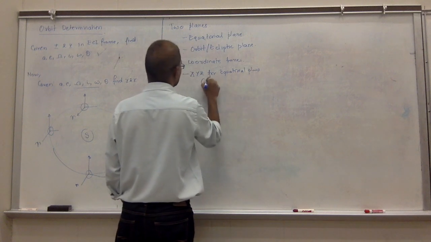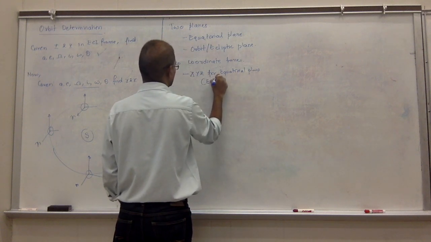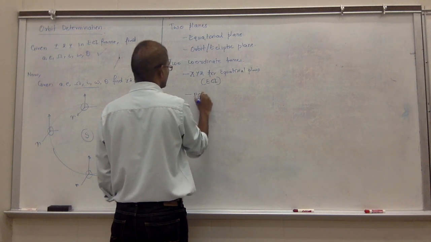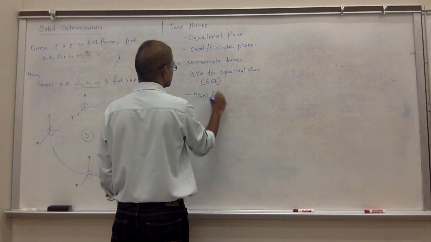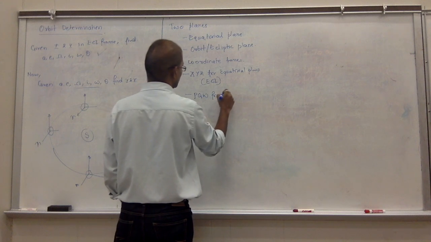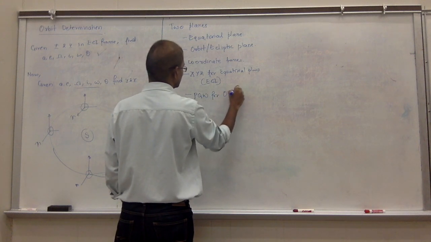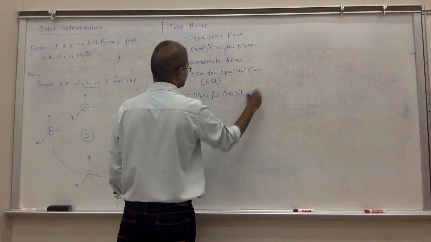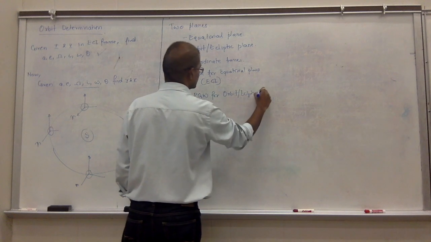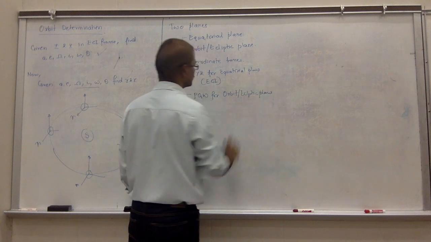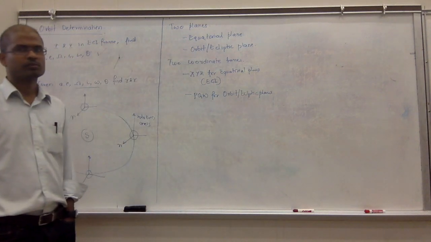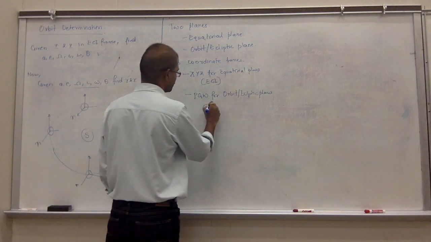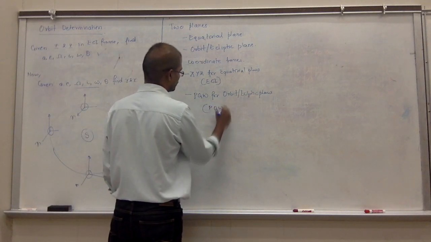This is what we call the ECI frame. And then the other one is PQW for the orbit or ecliptic plane. So this is simply the PQW frame or perifocal frame.